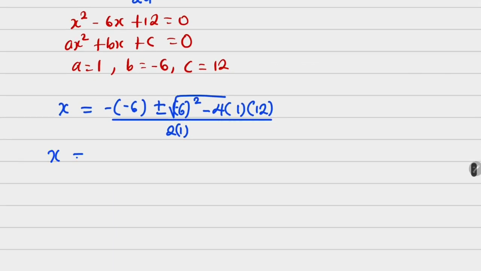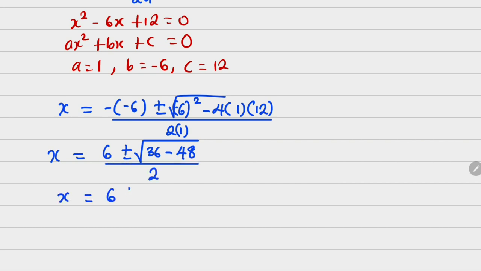Now x will then be 6 plus or minus root of 36, okay, minus 48, all right, all over 2. Now x is equal to 6 plus or minus root of minus 12, okay, all over 2.